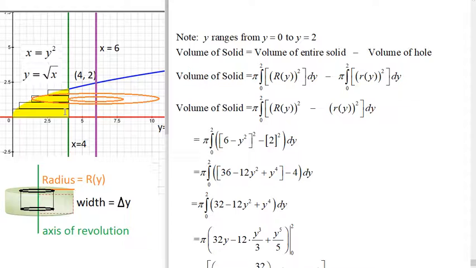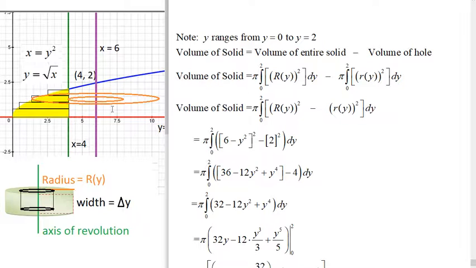For this solid of revolution, notice that y ranges from 0 to 2, because this point right here is the point (4, 2). And so for our integral, the limits of integration will go from 0 to 2.